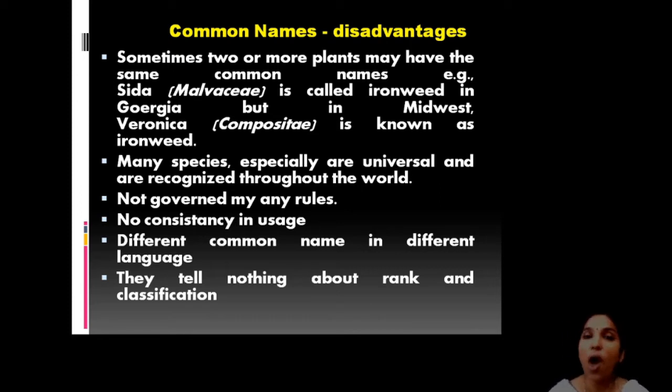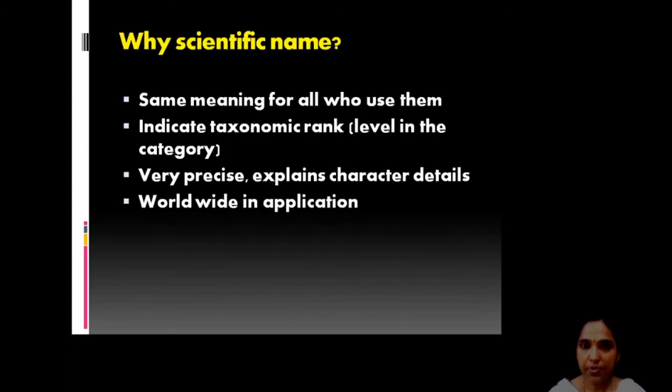So in order to avoid this, we need scientific names. Okay, so that's the reason for scientific names. It will precisely explain all the characters, it is worldwide in application, it is based on particular rules, and it also indicates a taxonomic rank. I already told you about ranks of taxa. Everything will be there in a scientific name.